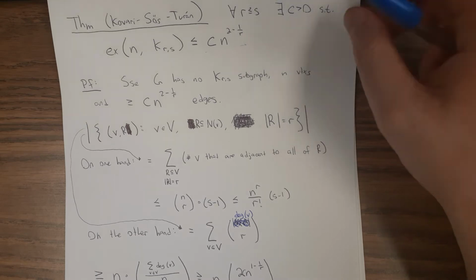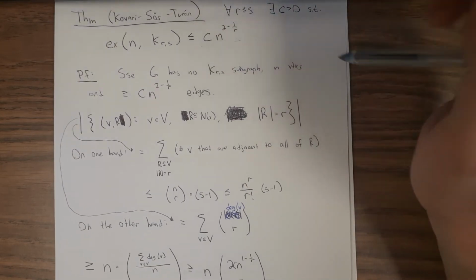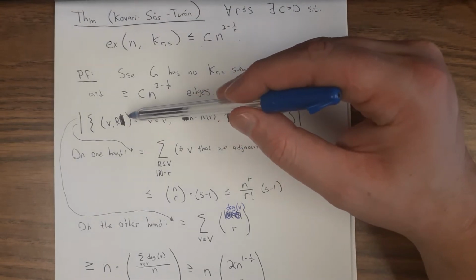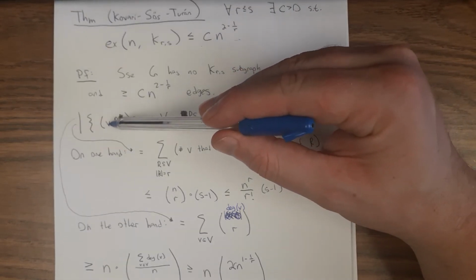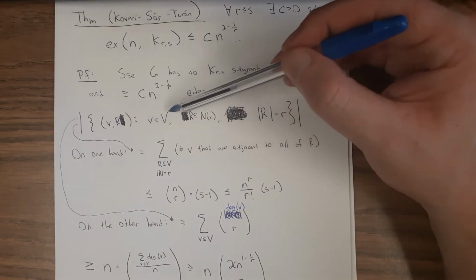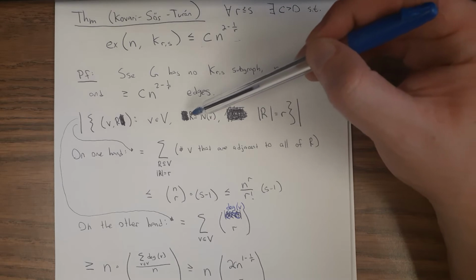And the trick here is to count the following. I'm going to count pairs consisting of a vertex and a set of vertices, R. So v is just a vertex in the graph.